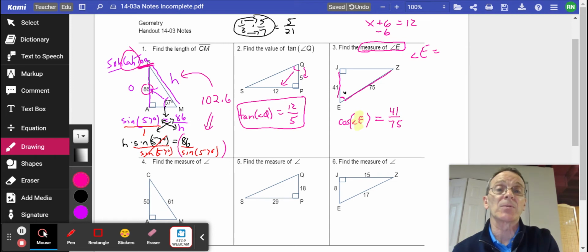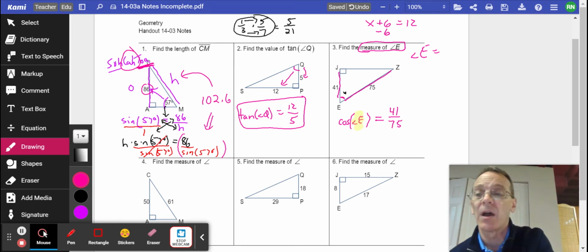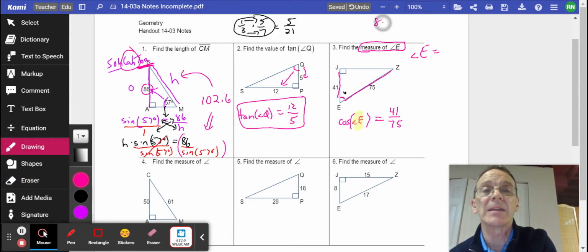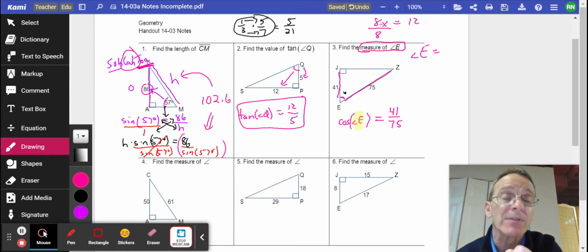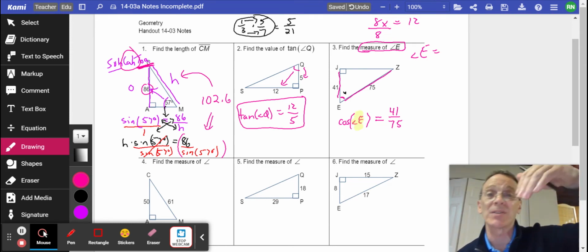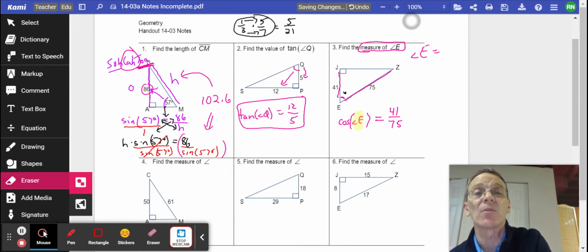Other people are taught different ways of showing that, but that's typically how most of you are shown to show your work of undoing addition.